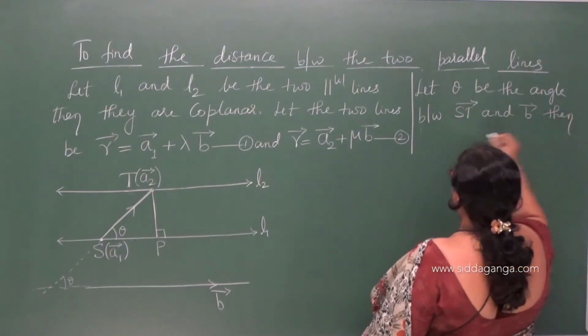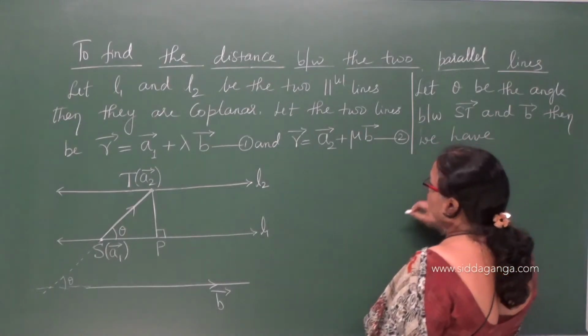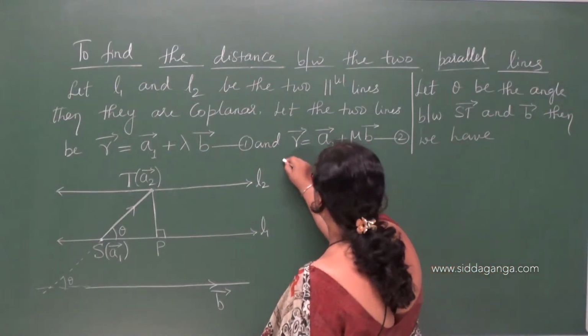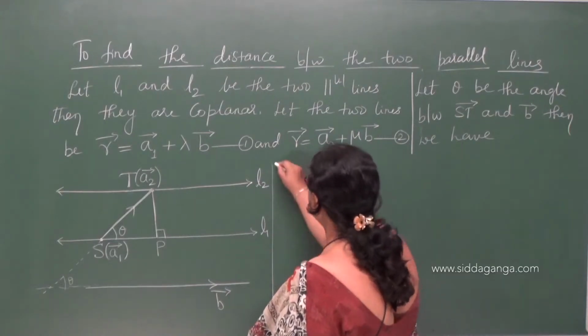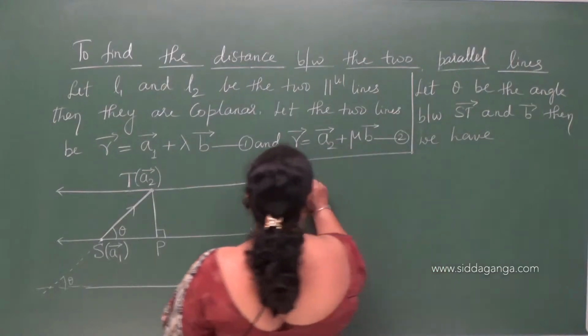Then, according to vector algebra, now you define the cross product of these two vectors.